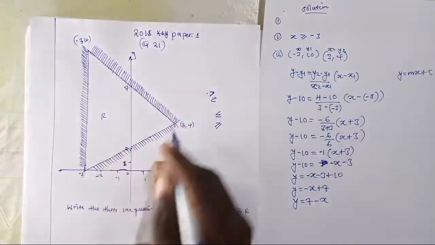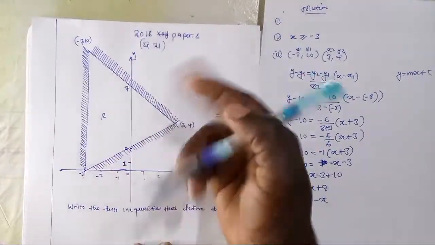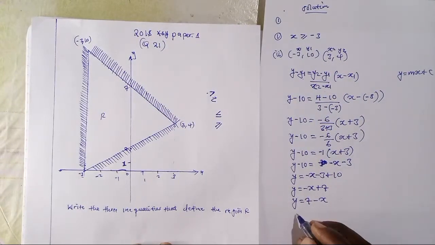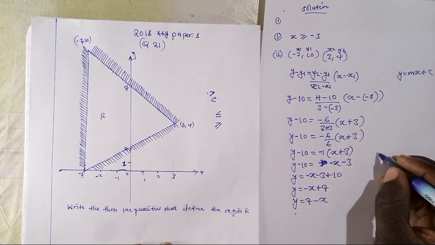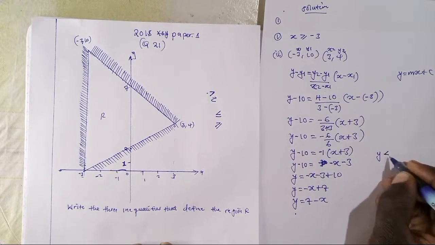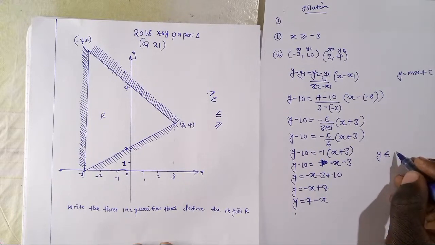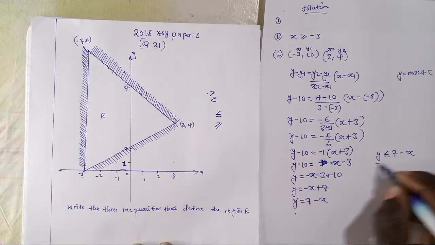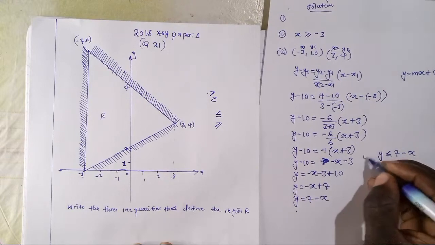Let's say we have 7, so this region is greater, which means we are going to have y greater than or equal to 7 minus x. So this is our second inequality.